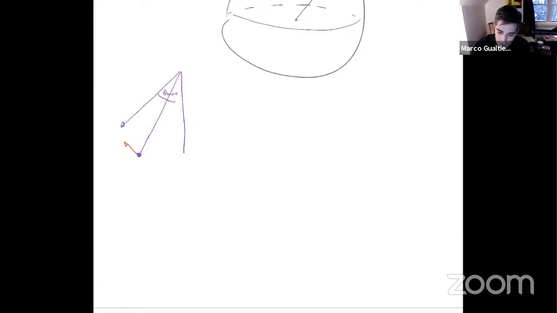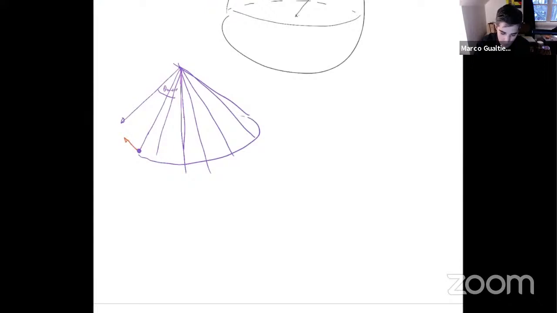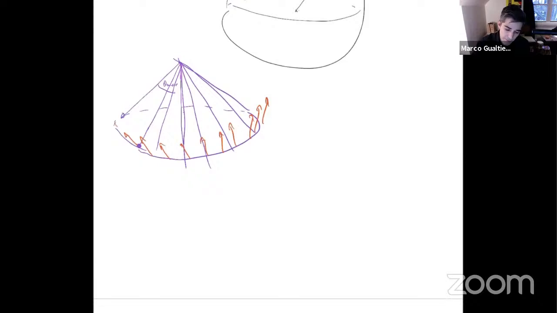So let me draw. These are all states at the same theta. And for each one of them, I could have a velocity which is fixed. And they form together a circle. But they could also have the opposite velocity.